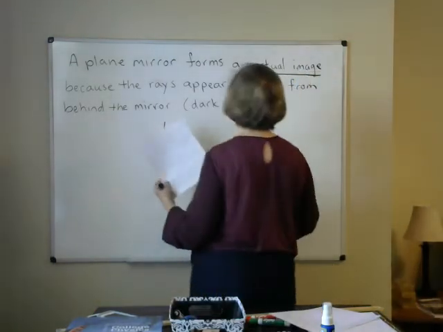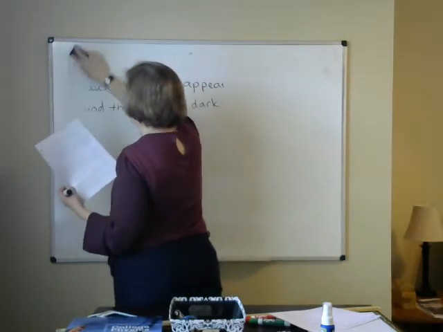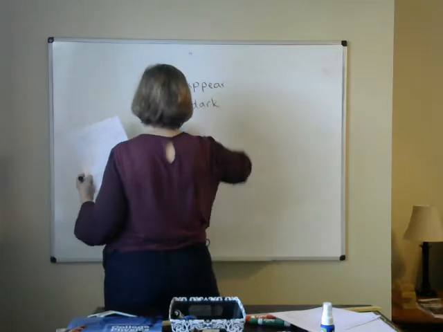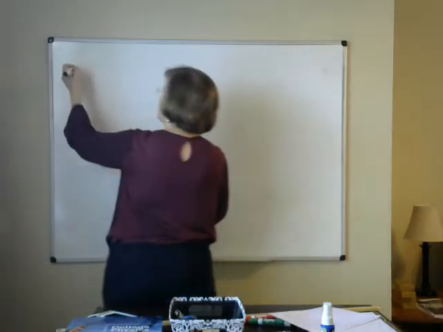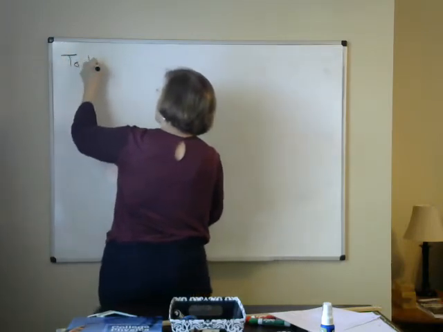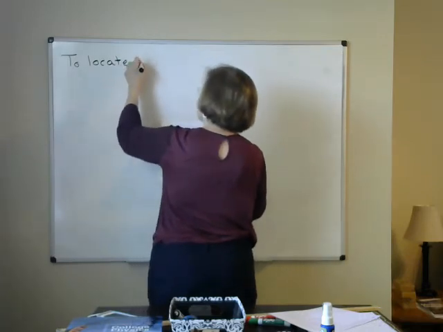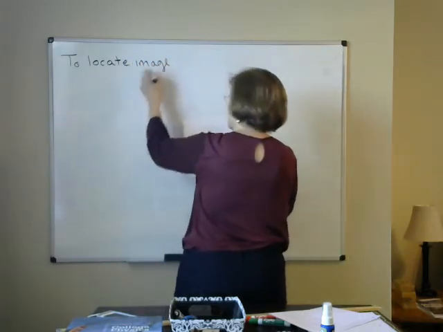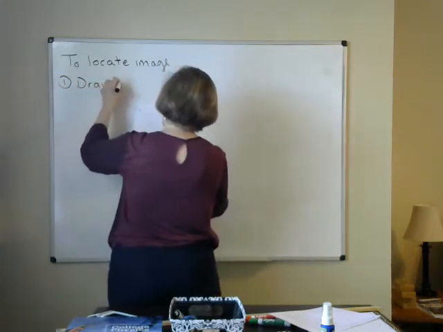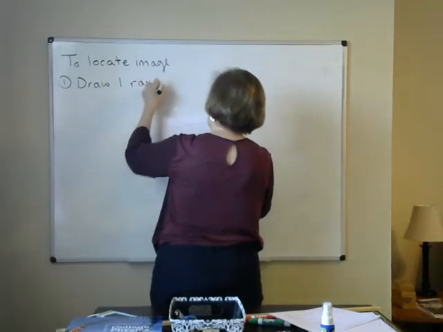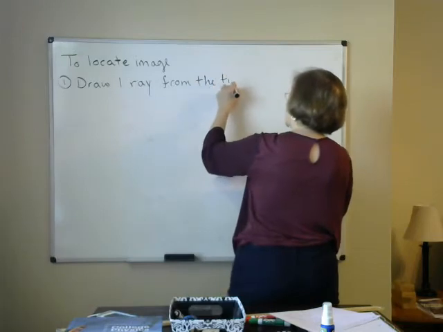Let me write some of these rules for drawing images. So to locate an image, and I've already done an example of this for you. First step, draw one ray from the tip of the object.